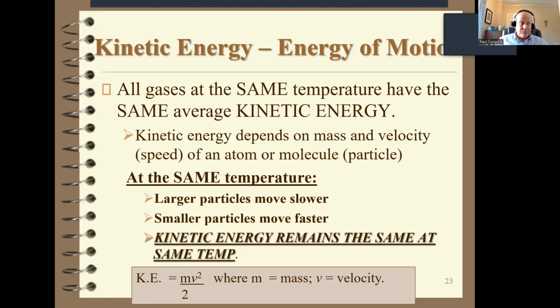Whichever one has the higher molar mass moves slower. Whatever has the lower molar mass moves faster. How do you get molar mass? You add up the atomic weights. Remember, on the periodic table, the atomic weight is the number below the symbol. And I will give you the periodic table. As always, every exam, you always have a periodic table for you to look at. Okay?